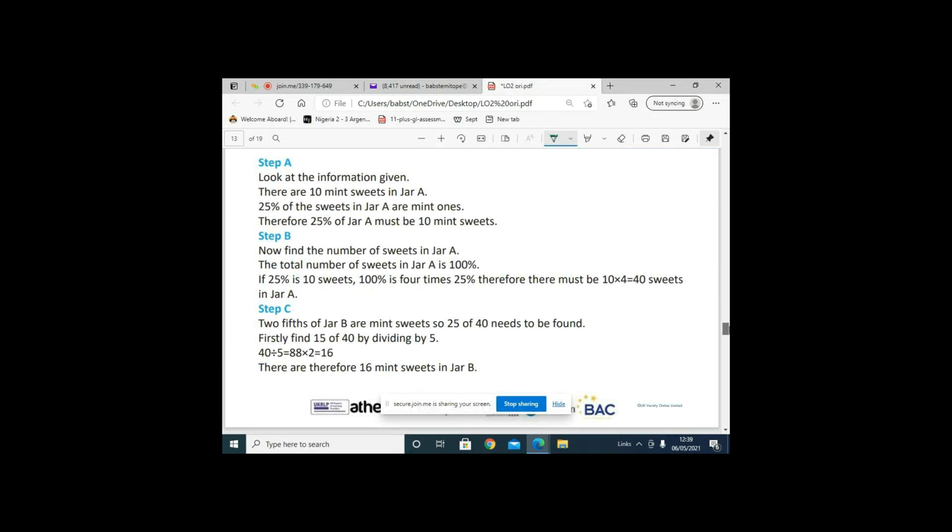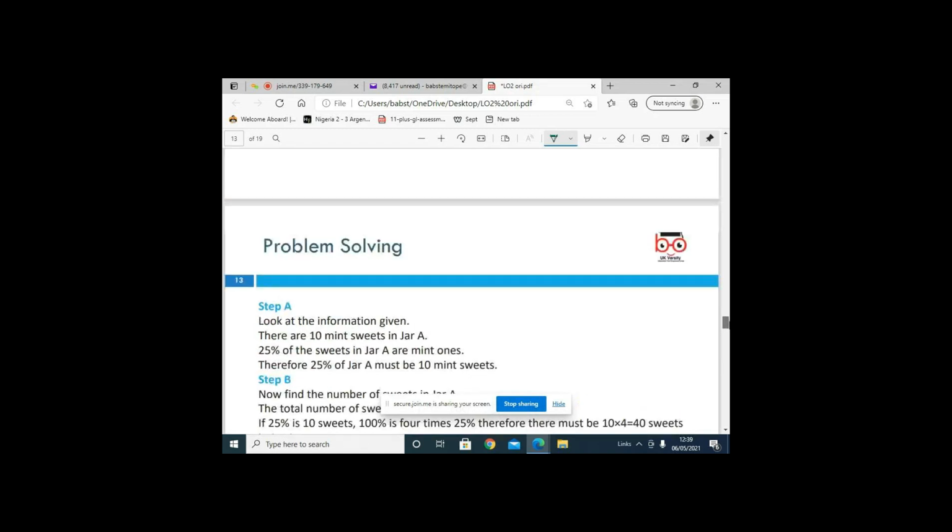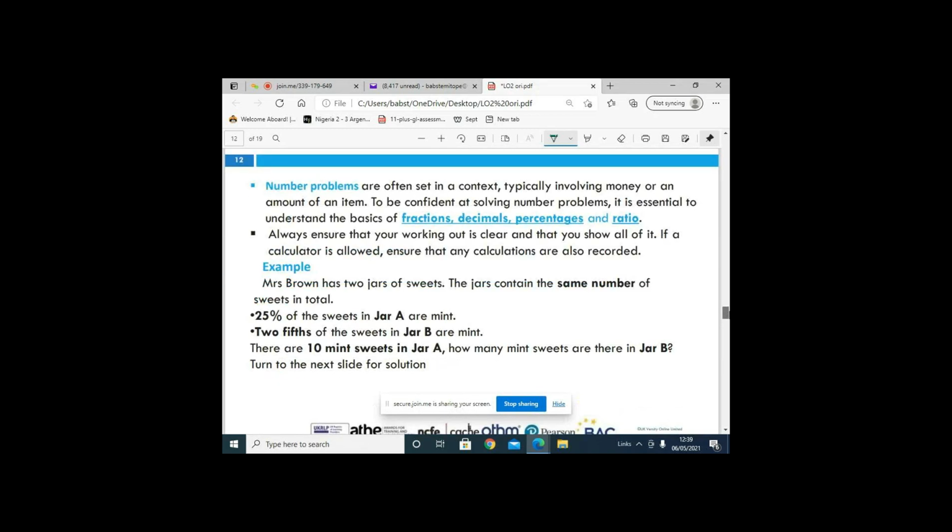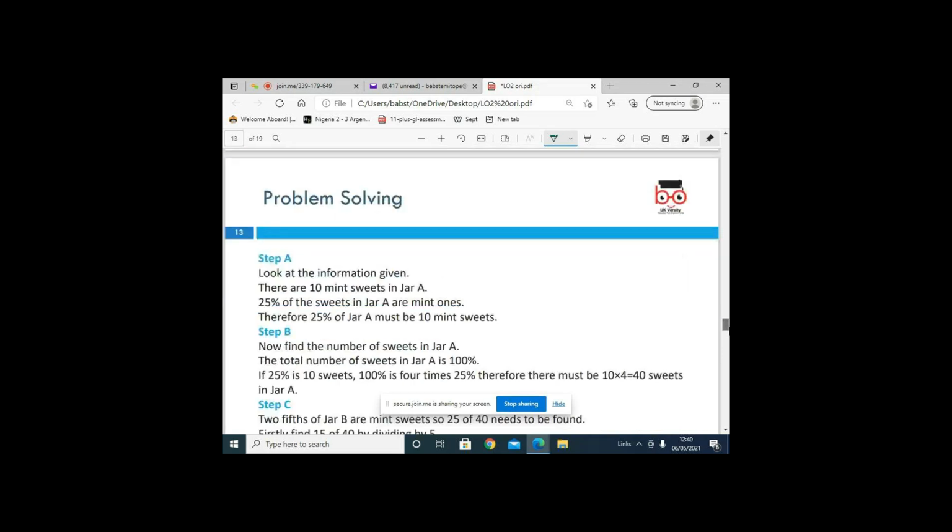So step A, just look at the information given. There are 10 mint sweets in jar A. So they have given you that. If there are 10 mints in jar A, then you also know that 25% of the sweets in jar A are mints.